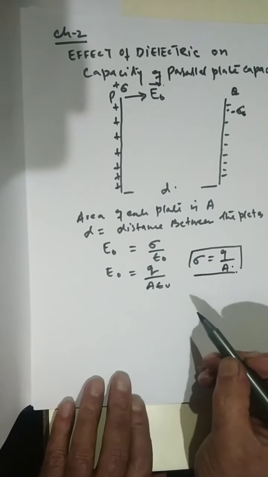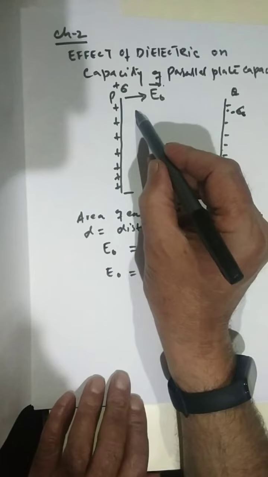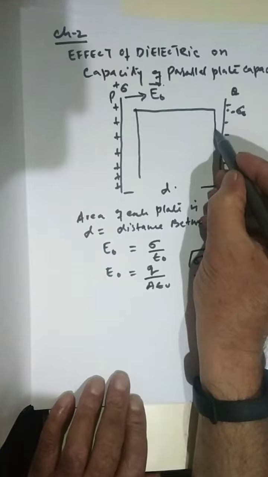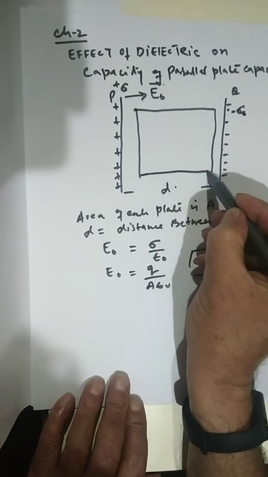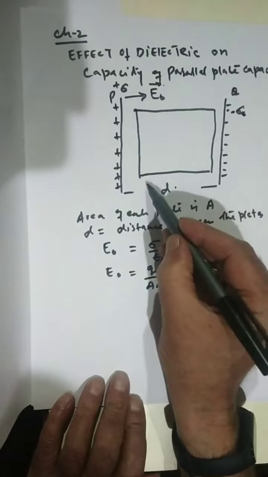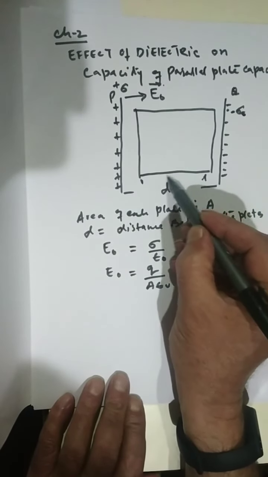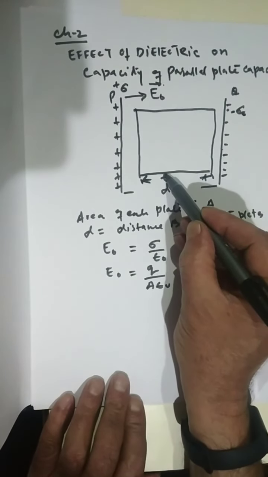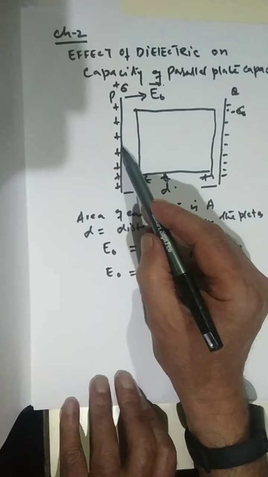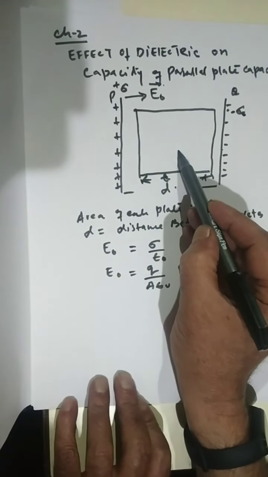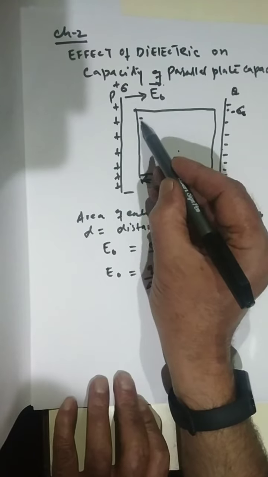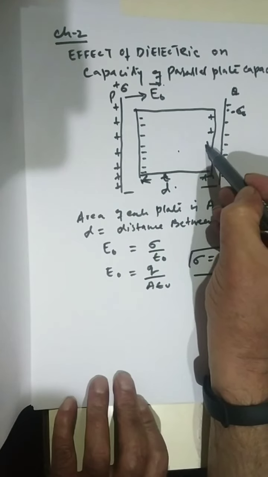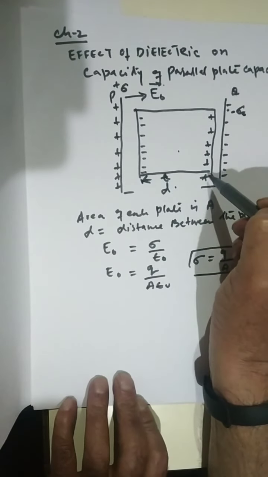Now, let us introduce a dielectric slab between these two plates of thickness T. That is, distance between these two ends is T. Now, because of this positive plate, this dielectric slab gets polarized, and here we have a negative surface charge density, and here we have an induced positive surface charge density.